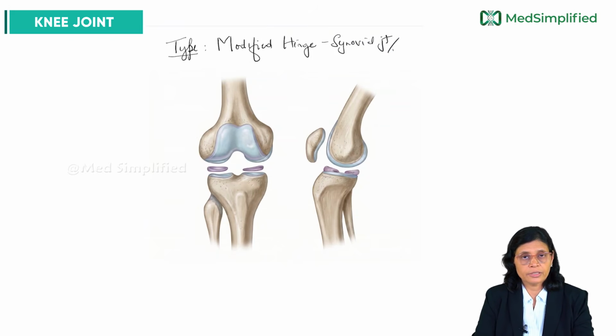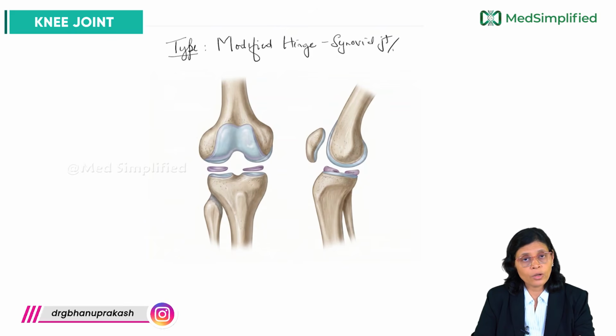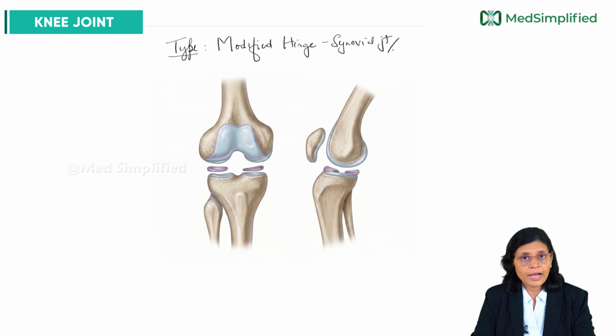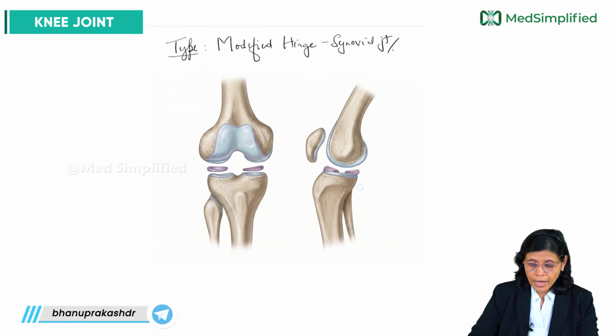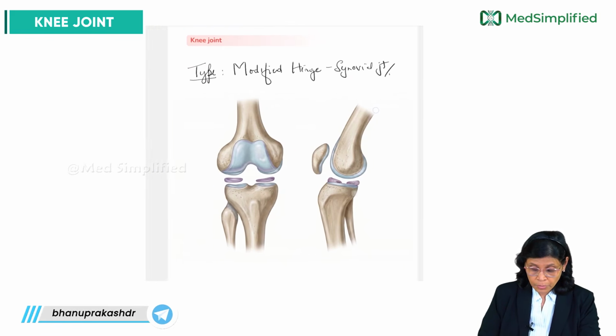Because in a hinge joint, the movement is only in one direction, flexion and extension. Here, along with flexion and extension, there is conjunct rotation movement. Lateral rotation as well as medial rotation happens slightly, and so that is why we say it is a modified hinge joint.